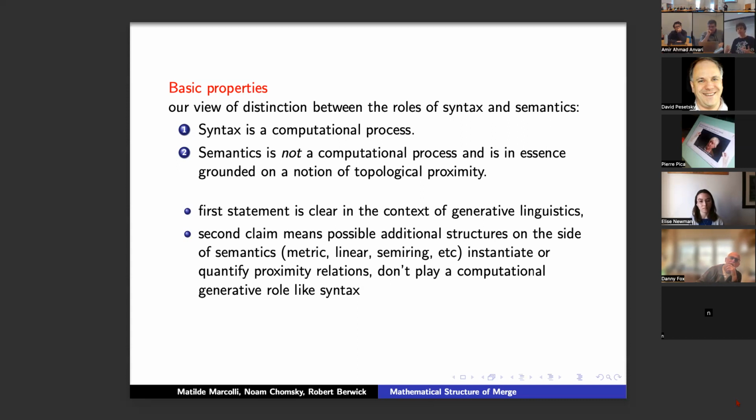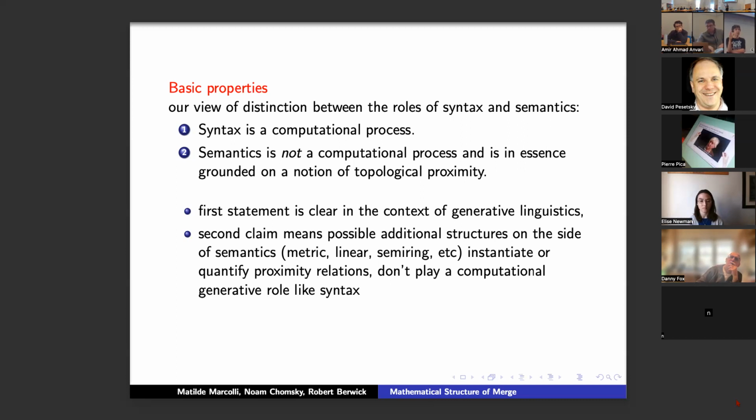You can add structure on the side of semantics, but I want to point out what is the minimal type of structure that you want to have. And the minimal type of structure is something that allows you to make comparisons that are more topological in nature, so some notion of proximity or similarity.